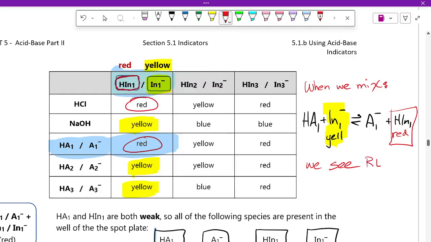Okay, that was just silly of me. We see red. Okay, there it is right there. If we see red, which side is favored? Products are favored.